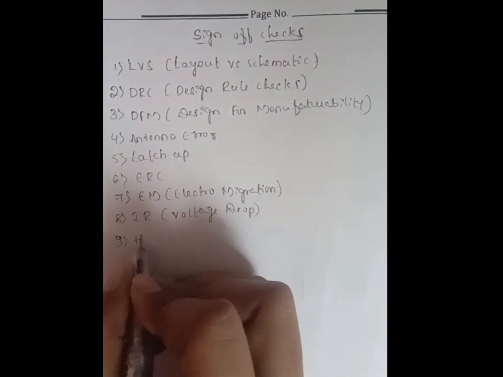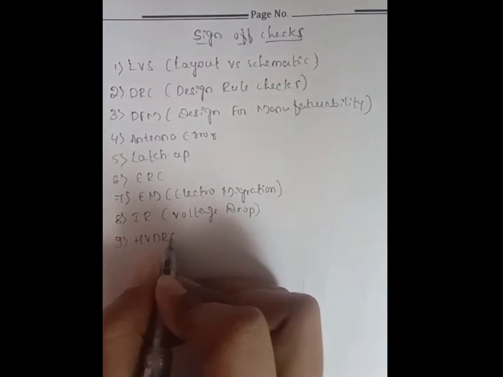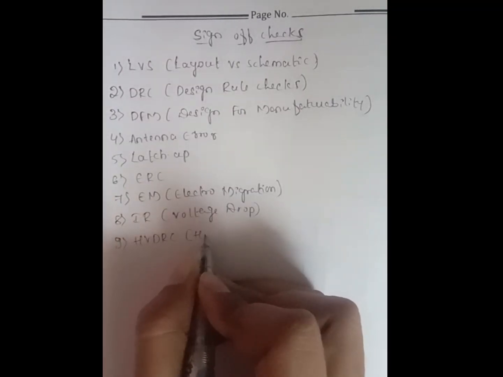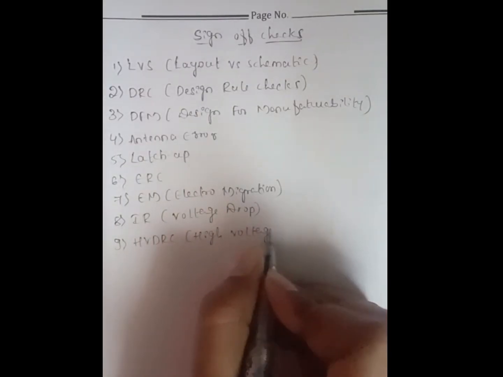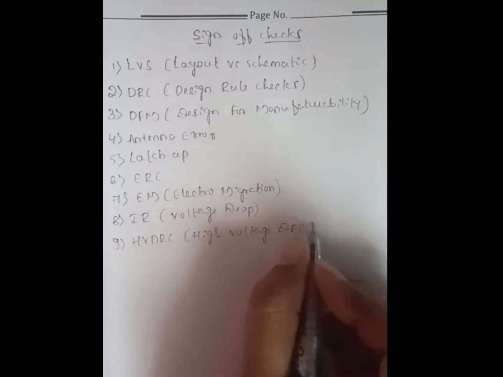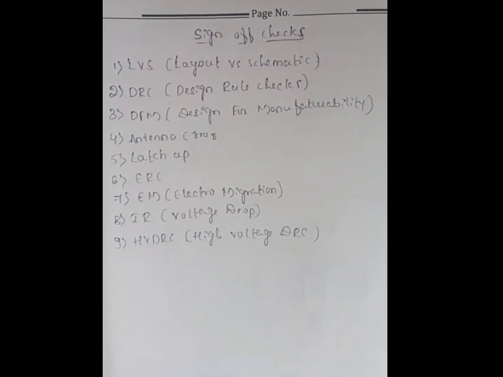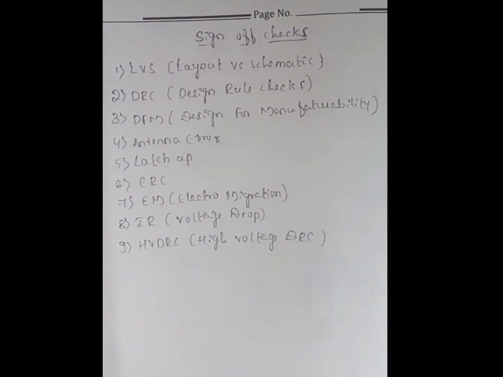And ninth one is HVDRC. HVDRC is high voltage DRC. It is also an extended DRC. We consider it as a DRC only, high voltage DRC.